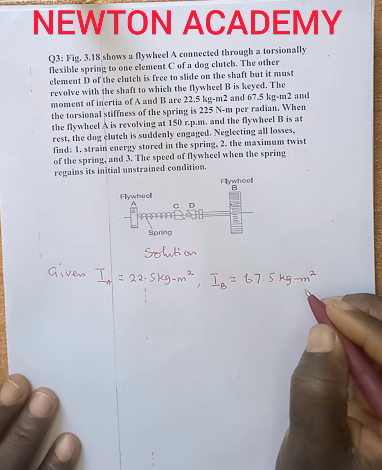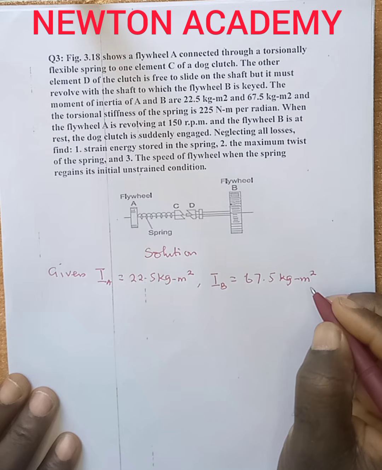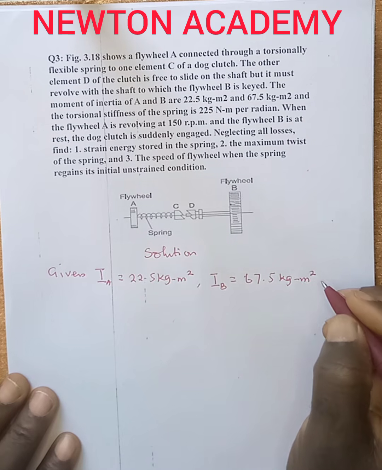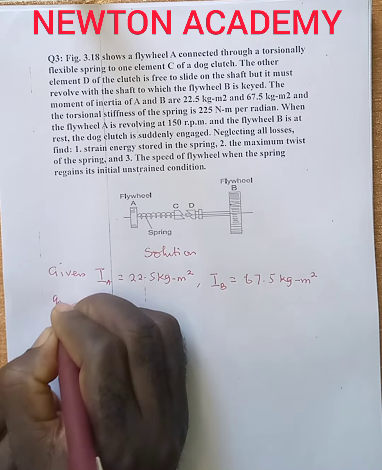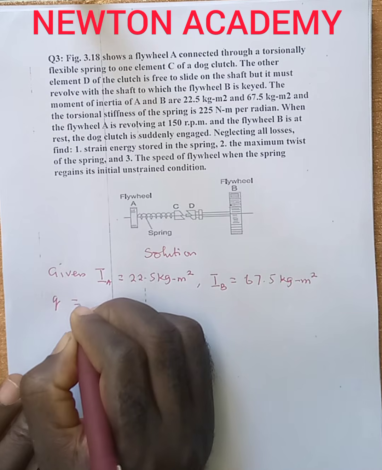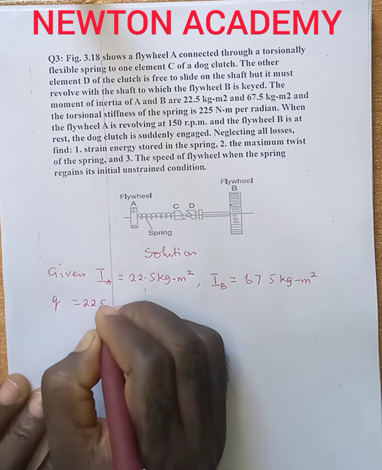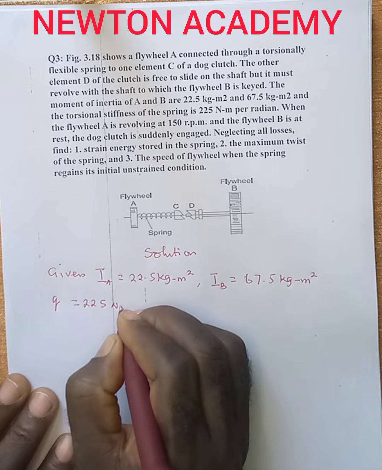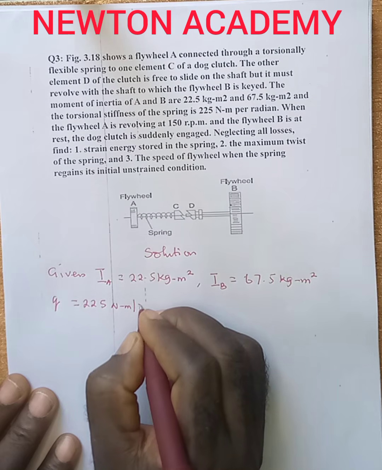We are also given the torsional stiffness of the spring. Let us use Q to represent this, which is equal to 225 Newton meter per radian.